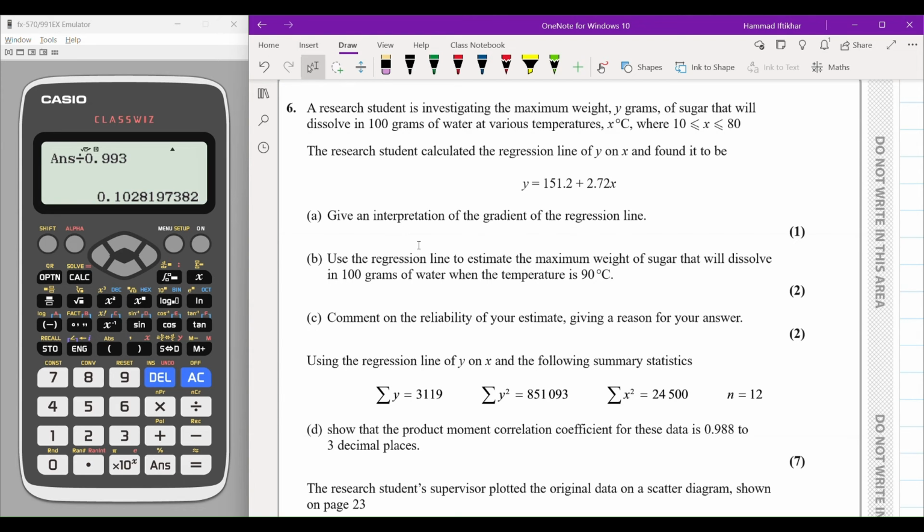Give an interpretation of the gradient of the regression line. So basically this is giving us the rate of change, in y grams. So for each additional rise in temperature, 2.72 extra grams of sugar can be dissolved in water.